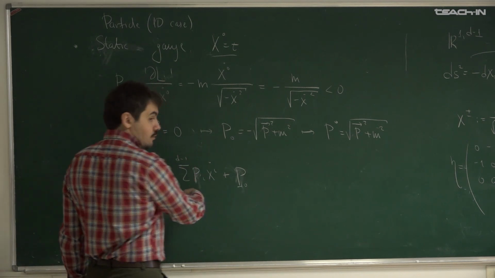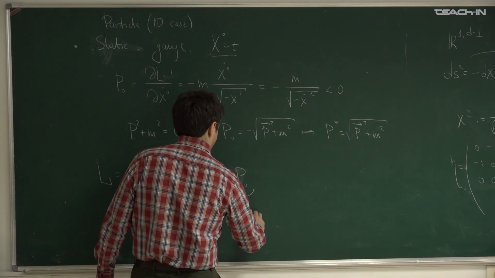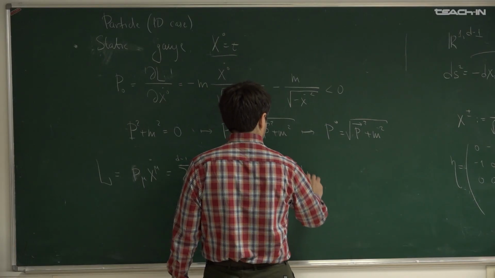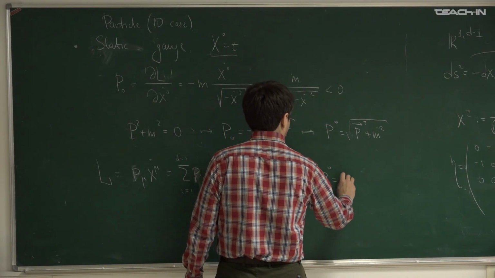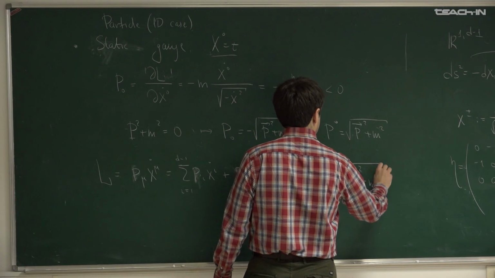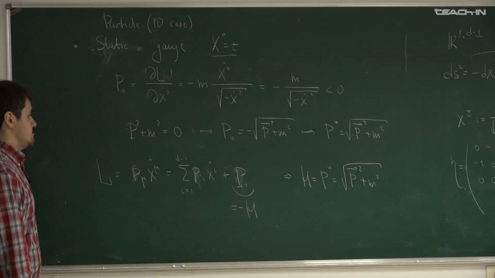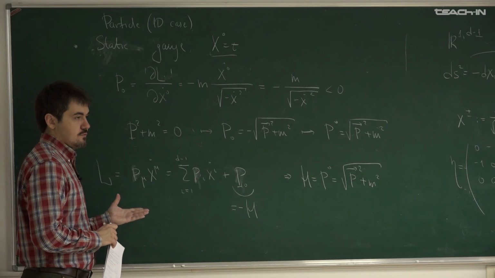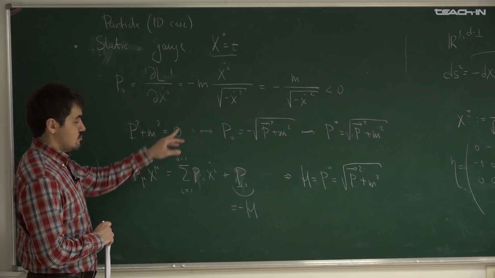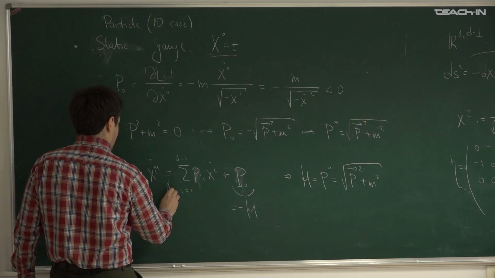So you see from this that we read off that this is minus the Hamiltonian. So the Hamiltonian is precisely P0, which is square root of p squared plus m squared, as above. So that's another way of deriving the Hamiltonian. Basically, first you write the Lagrangian in first order form, and then you substitute the gauge condition directly in this expression.